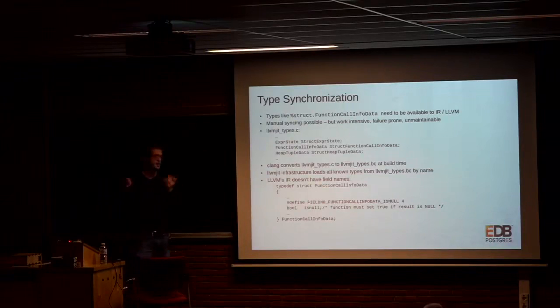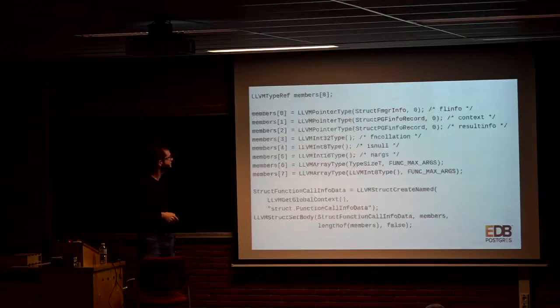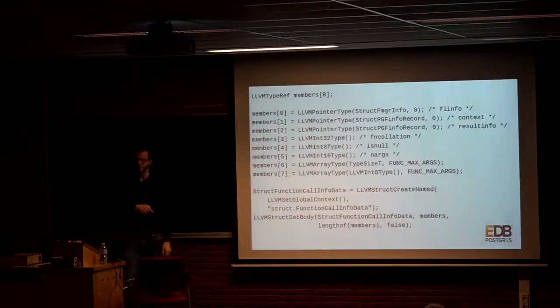That's not pretty, but it's the best I could come up with. It would be cooler if LLVM optionally could have field names, because the overhead of that would be purely at compile time. It wouldn't be that bad. Before that, I had manually synced up the types, which obviously is extremely failure prone and a lot of work.